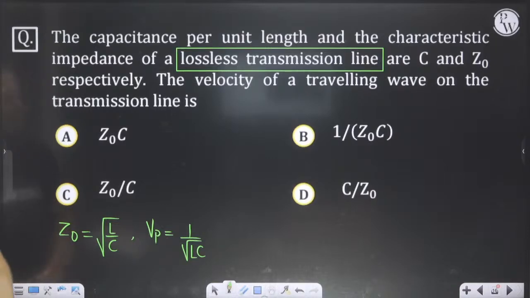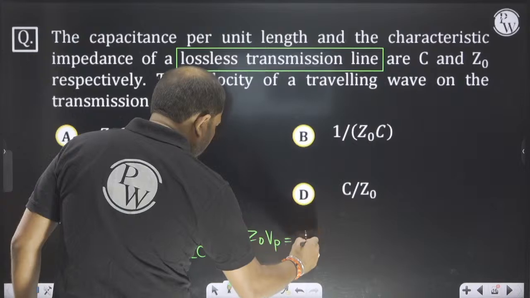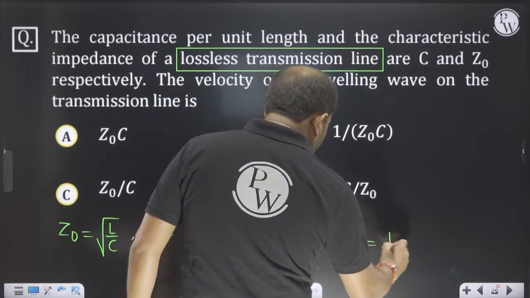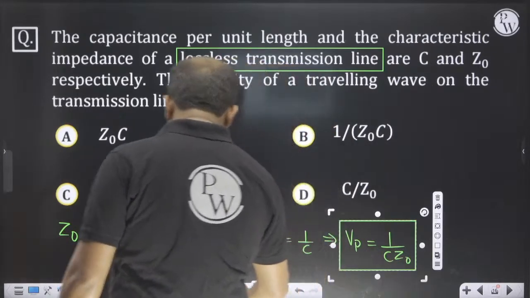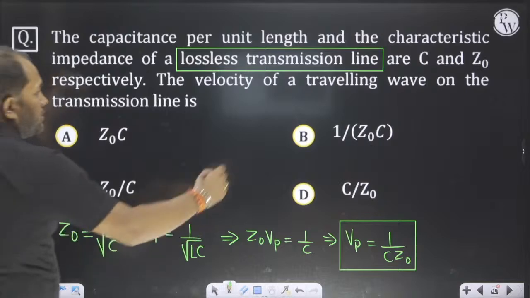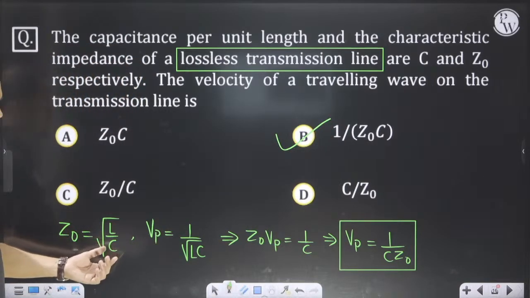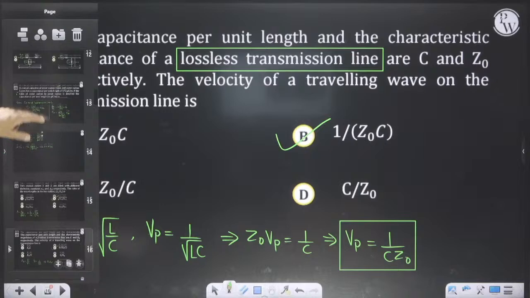I'll multiply, then L will be cancelled out. So Z0 into Vp is equal to 1 by C, so Vp is equal to 1 by C into Z0. So our answer will be B. We know the formula of Z0 and Vp in the lossless transmission line, so it is a very easy question to solve.